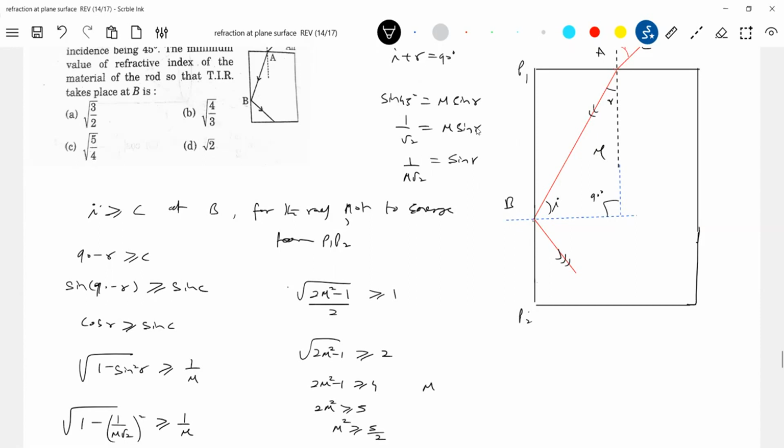There it should be root 2, sir. Which one? The first one, the denominator.